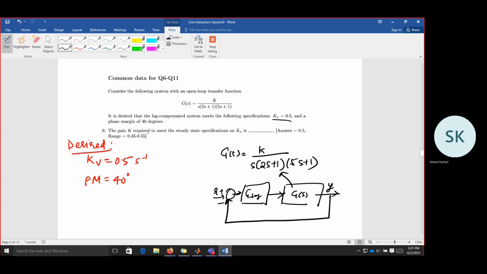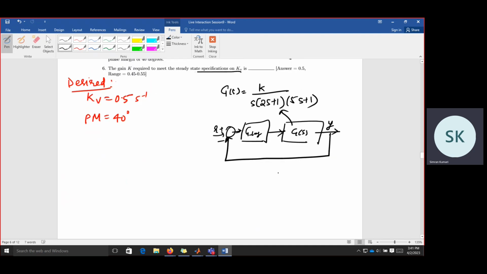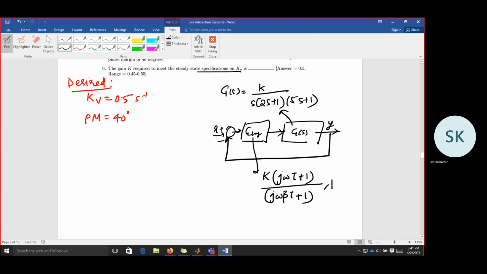So what is said? The gain K required to meet the steady state specification Kv. So obviously when we have this lag compensator, this will be (j omega T plus 1) by (j omega beta T plus 1), where beta is greater than 1.